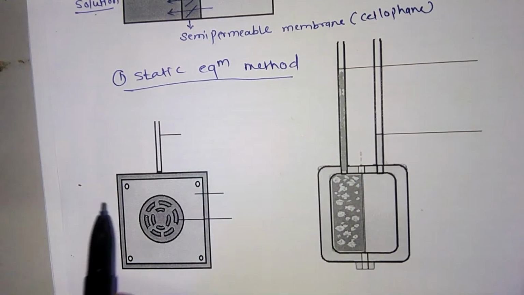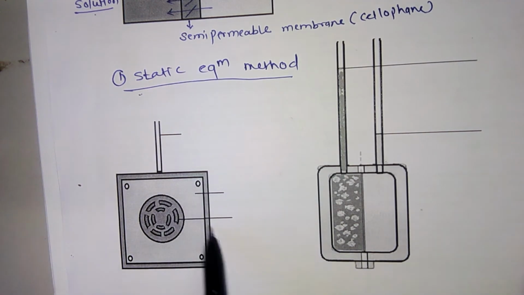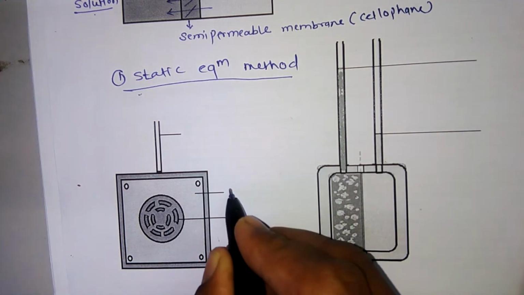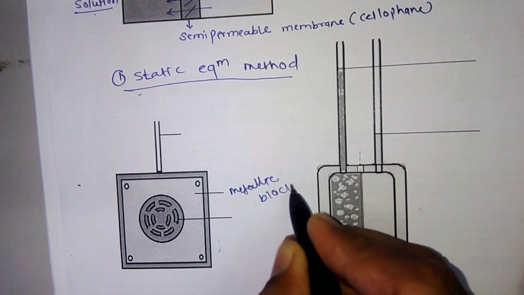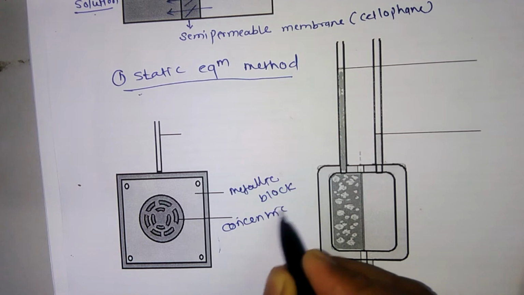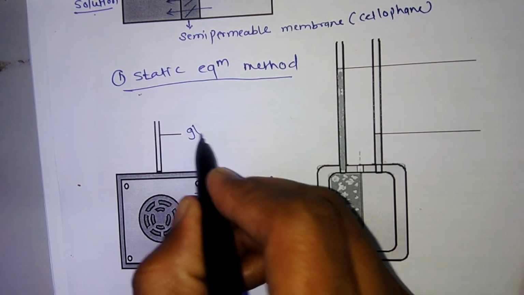In this method there is a hollow metallic block, and these are the concentric grooves, and this is the glass capillary.